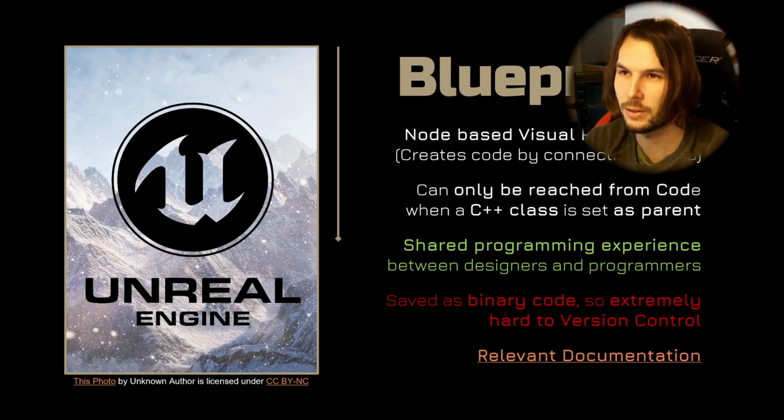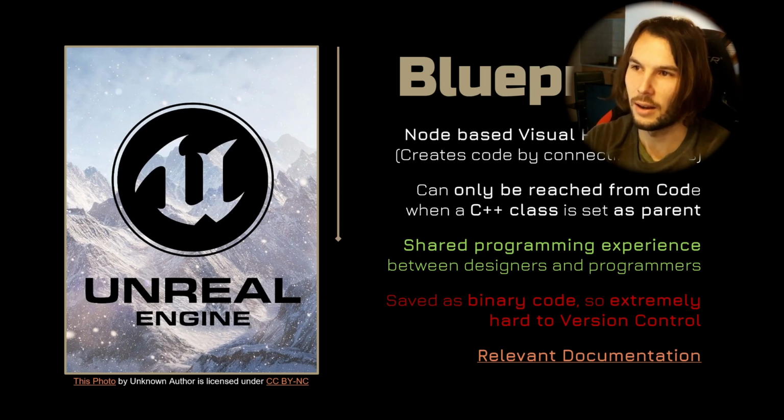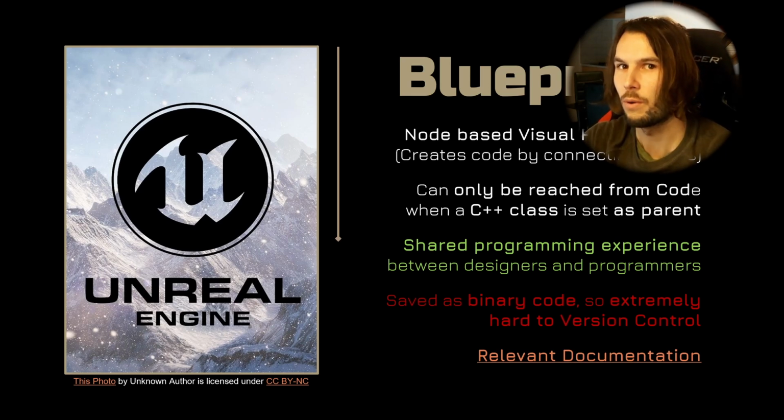What Unreal Engine offers you together with blueprints is that you can have a code that is visually understandable. So, for example, you can only connect a Boolean variable with a Boolean variable of a function. This is done by using colors. A Boolean variable will be shown as a dark red, and you can only connect it to a dark red dot inside the function. And that's it. So you can share the programming experience between designers and programmers.